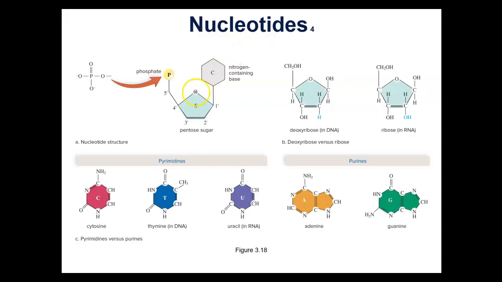And so you can see up here the structure of a nucleotide, a phosphate, a sugar, and a base. The structure of deoxyribose is missing an oxygen. Ribose has an additional oxygen. And then cytosine, thymine, and uracil are pyrimidines or single ring structures, whereas adenine and guanine are purines or double ring structures.